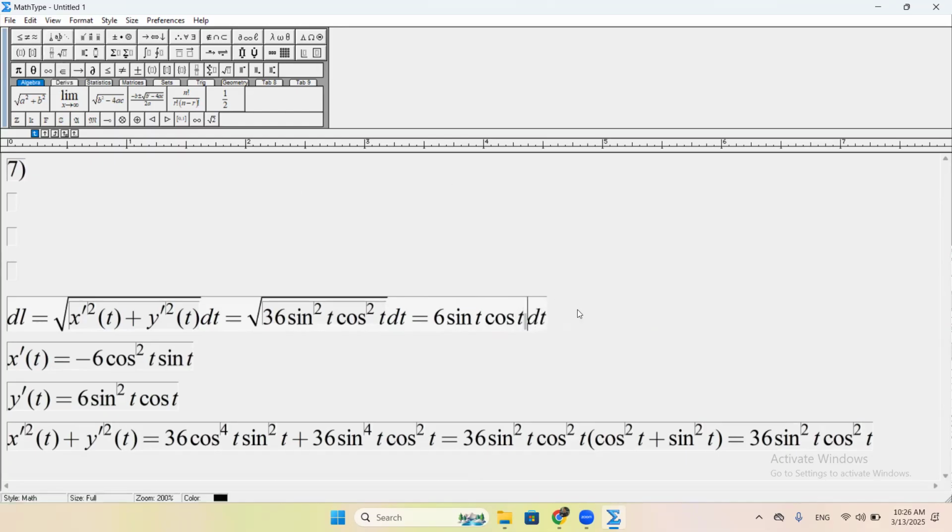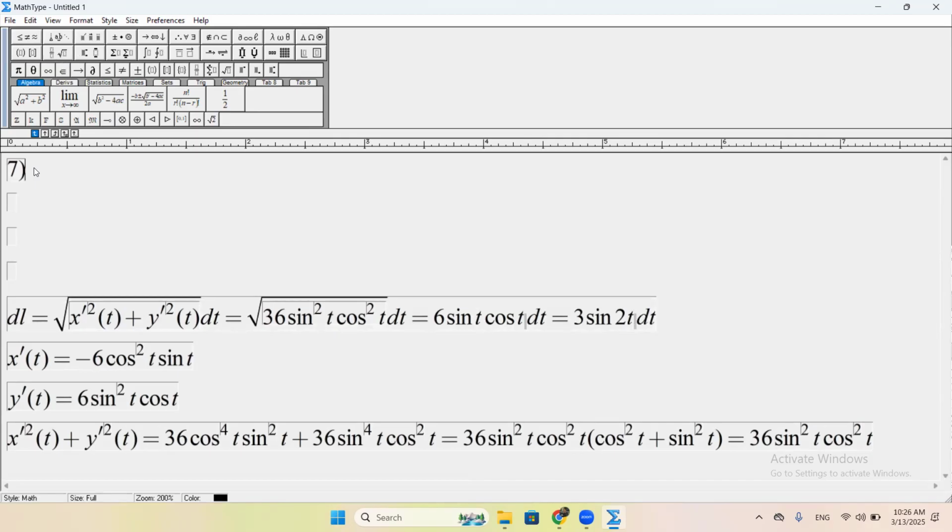And by the way, let's also collapse it using the double-angle formula, so it will be 3 sine of 2t dt. So we just simplify it a little bit.